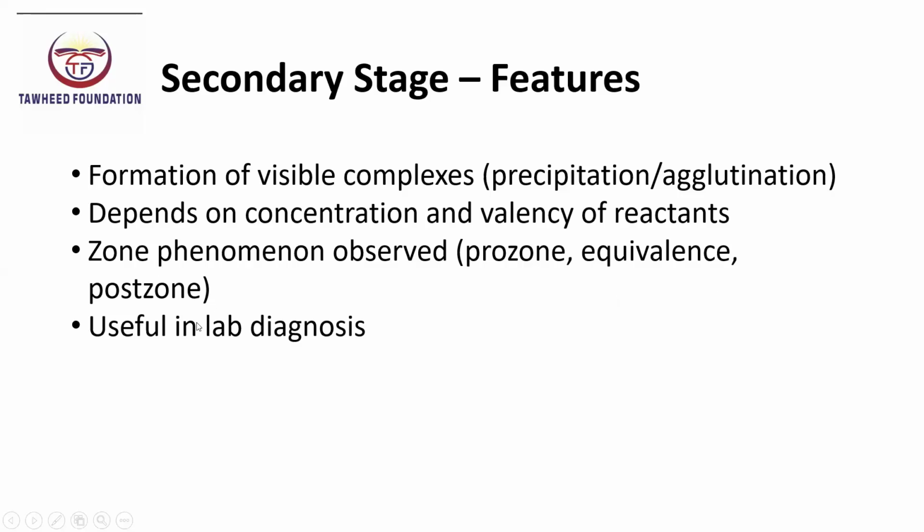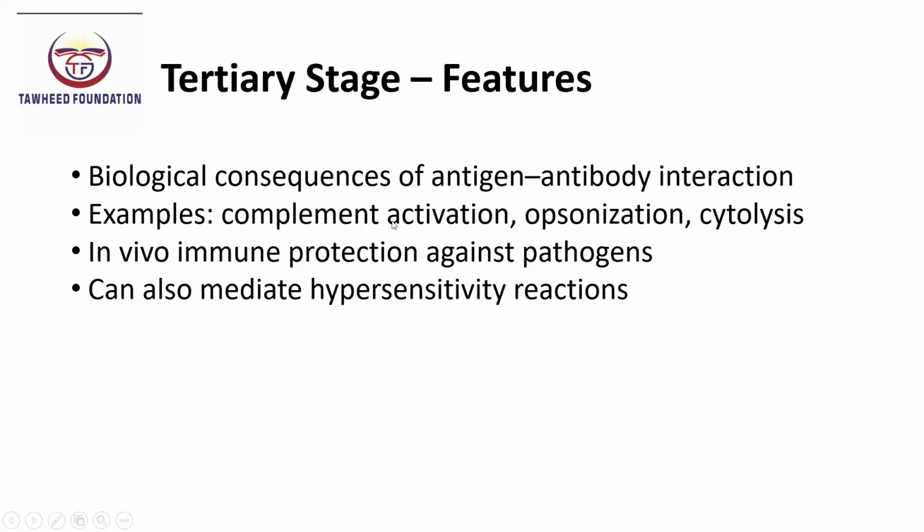In the post zone, that is antigen excess, small complexes form but remain invisible. Understanding these zones helps in accurate laboratory diagnosis and prevents false negative results during tests like precipitation or agglutination. So, it is useful in laboratory diagnosis.